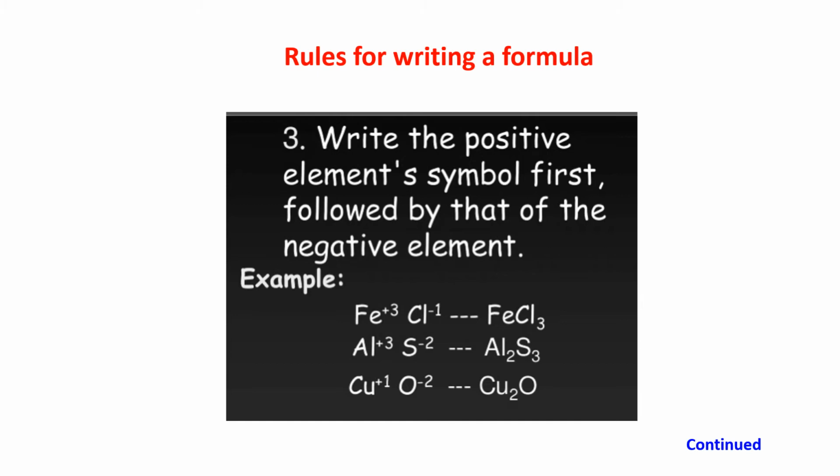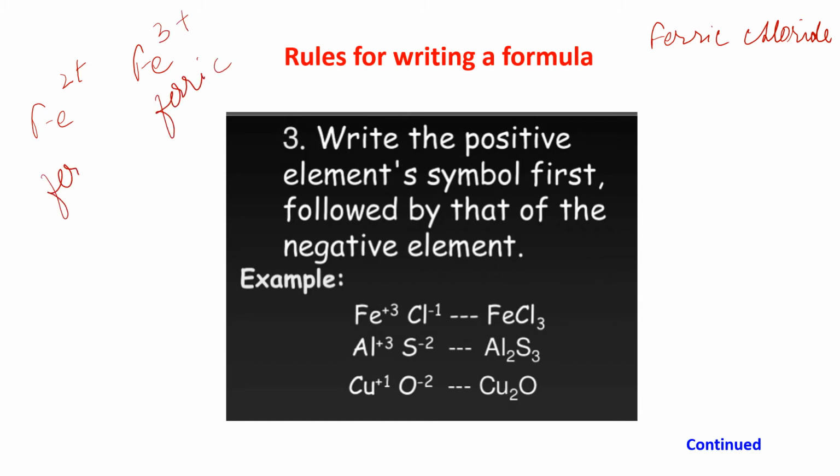Suppose I have to write the symbol of ferric chloride. As I told you, iron is having 2 valencies. I showed it to you, Fe2+ and Fe3+. This is your ferric and this is your ferrous.